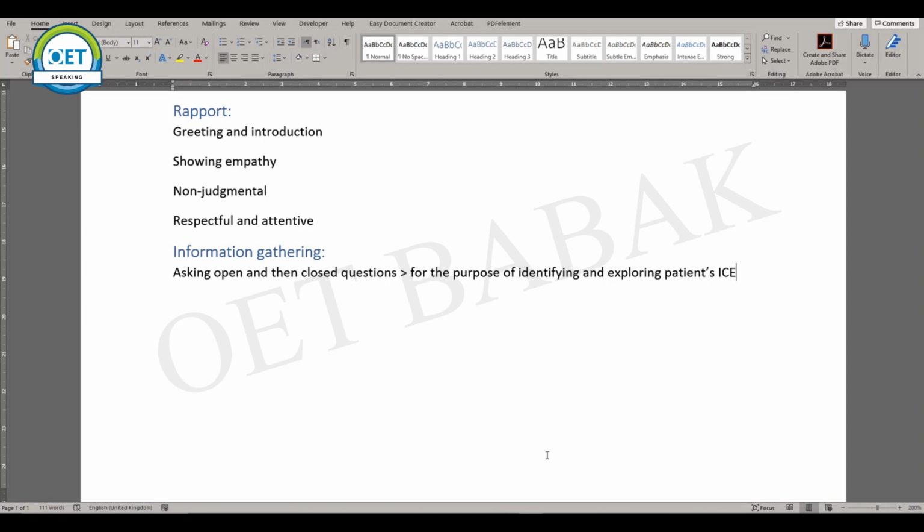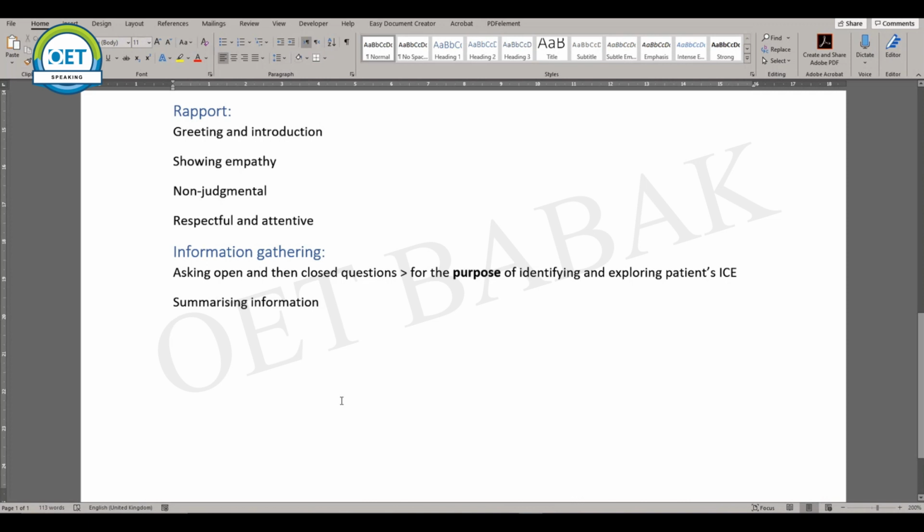Okay, so purposefully. You need to gather information with a purpose, and then summarizing information. We will discuss this later because this bit is the major part of the consultation, basically.